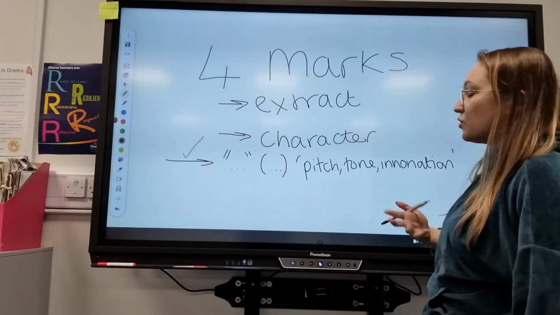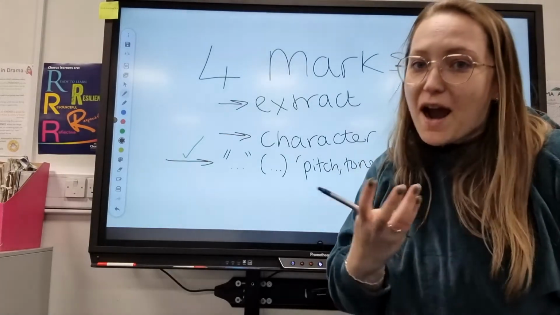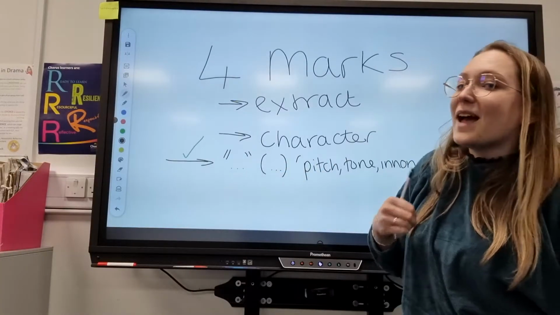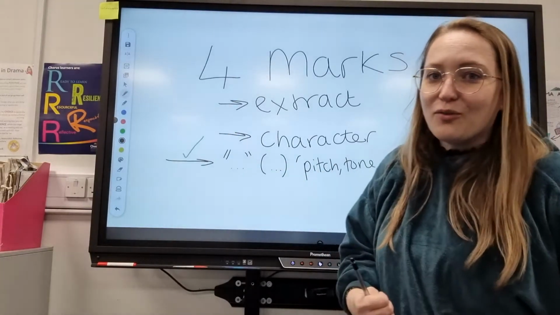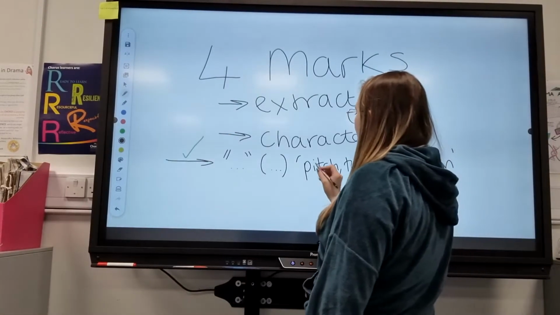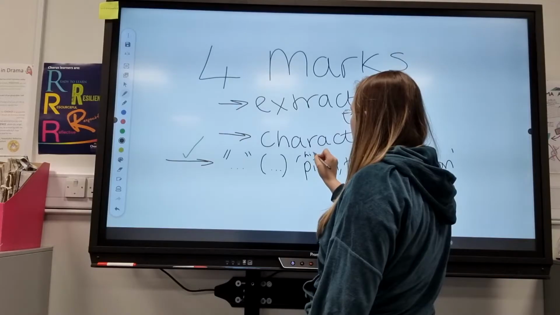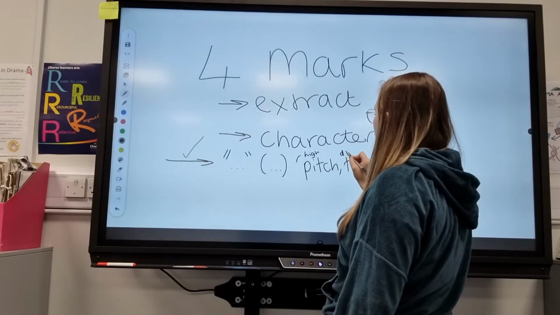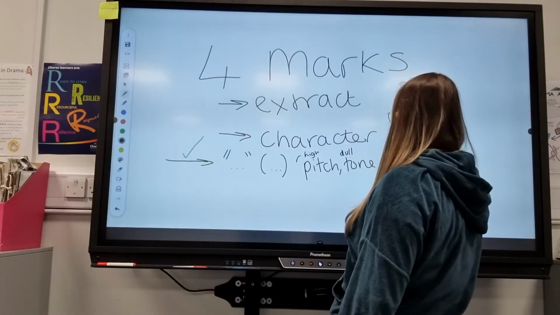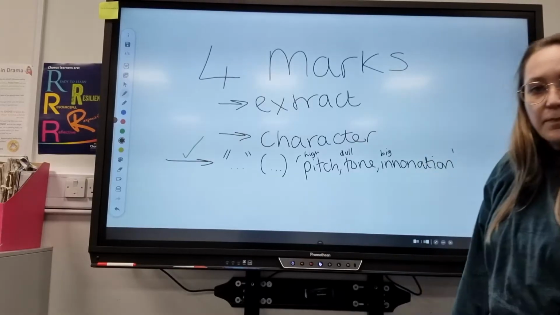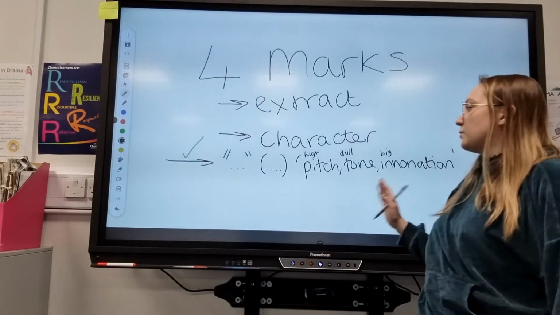But you've got to make sure as well you're describing that keyword, because if you say, I'm going to use my tone, that isn't quite enough. They want you to be a bit more specific. So saying something like a high pitch, or a dull tone, or a big intonation. Okay, so you're trying to be as specific as possible.